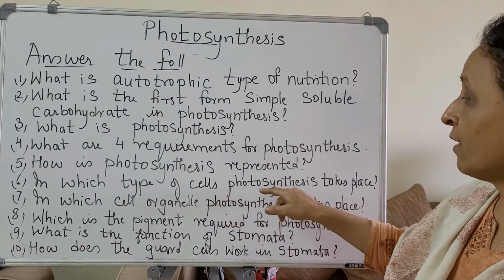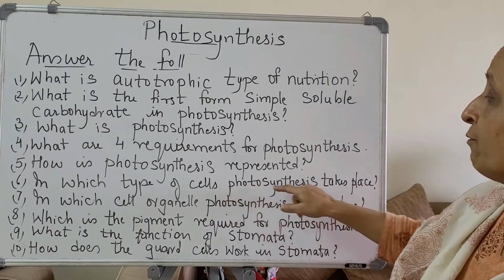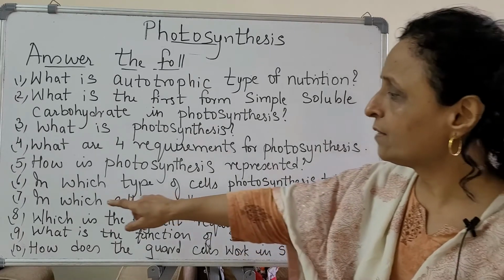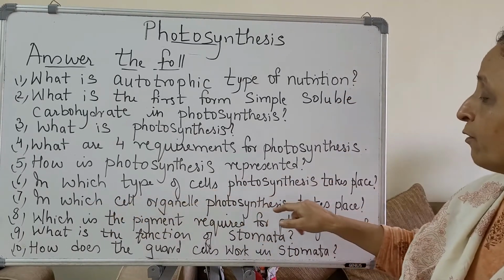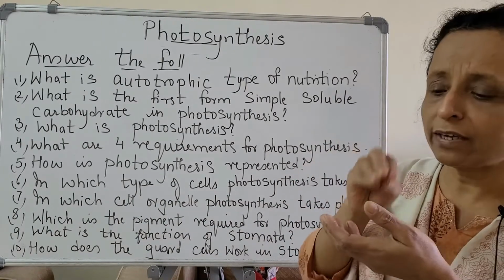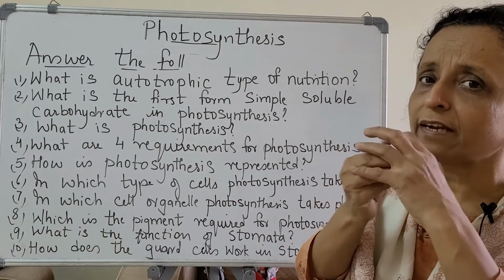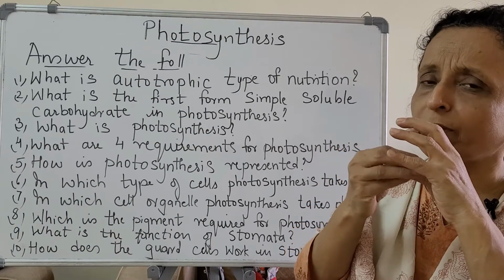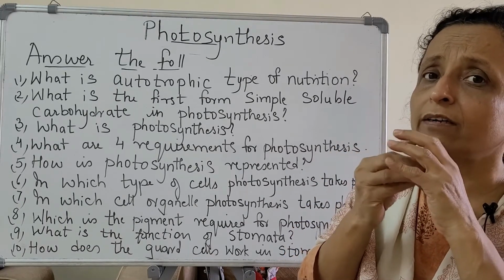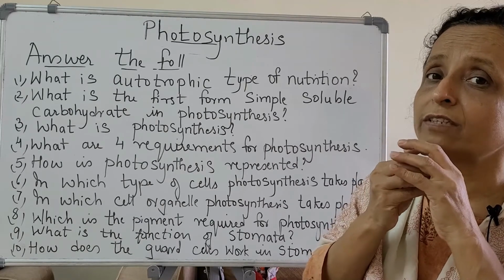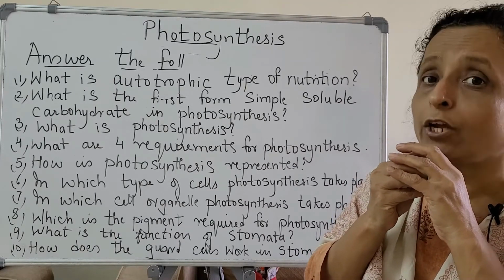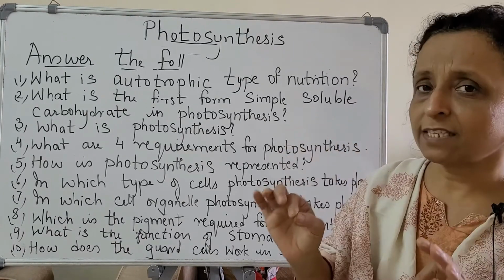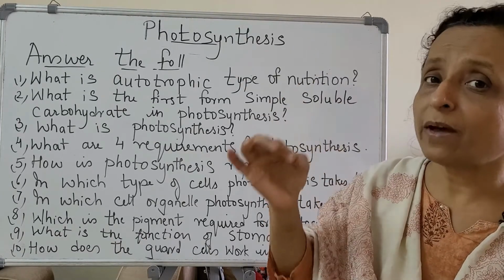So in which type of cells does photosynthesis take place? Mesophyll cells. In which cell organelle does photosynthesis take place? Now you know there are different organelles present inside the cell. So in a cell different functions will be carried out, but the one particular cell organelle which carries out photosynthesis is the chloroplast. As given in the textbook, the palisade cells consist of plastids.